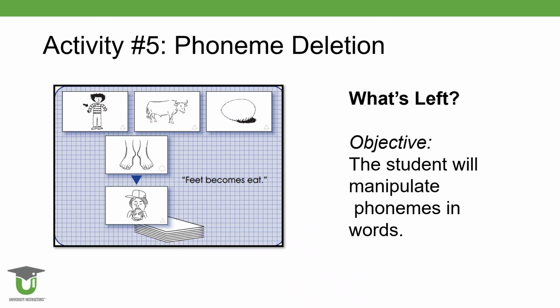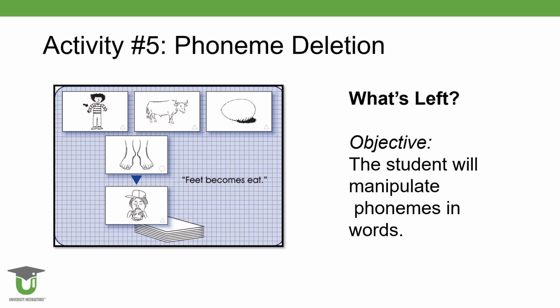In Activity 5, What's Left, students manipulate initial phonemes and match the new word to the picture. First, divide phoneme deletion picture cards by shape. Place the cards with circles face down in a stack on a flat surface. Place cards with triangles face up in rows. Taking turns, students select the top card from the stack and name the picture.